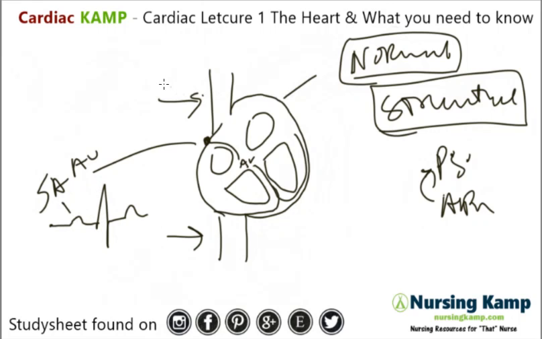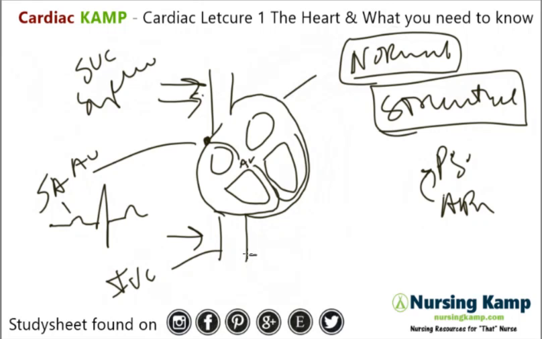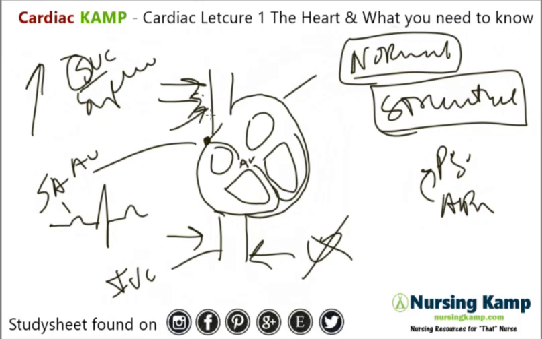Now, you have the superior vena cava here, and then you have the inferior vena cava here. Now, this is deoxygenated blood, so no O2. I always think of Superman flies, so it's super up here. Okay, also, you have the coronary sinus.